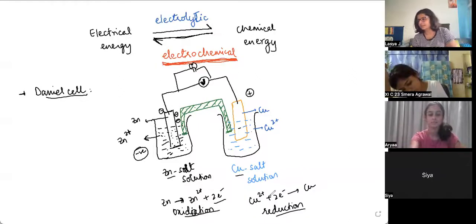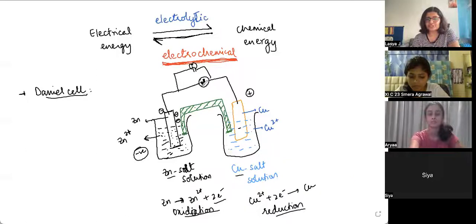Okay. What else do we have here? How much electricity is produced depends on the concentration, the availability of zinc ions and copper ions here.